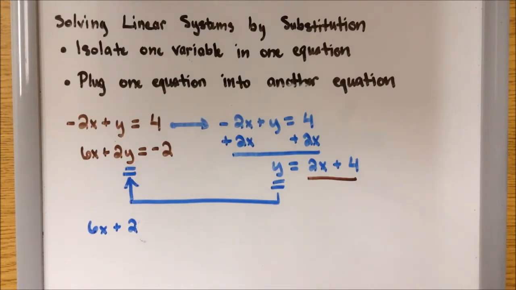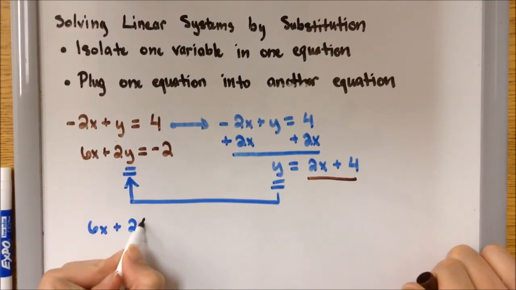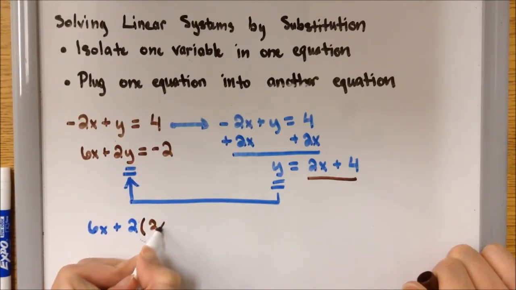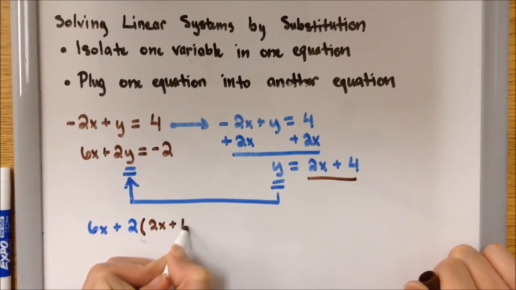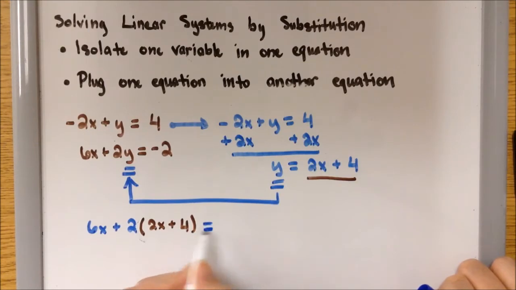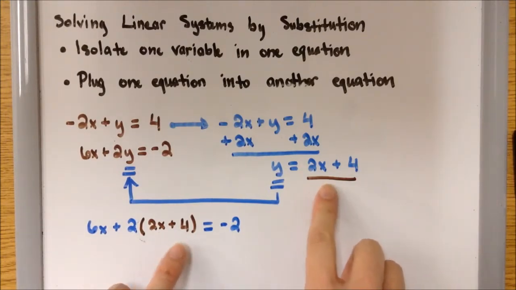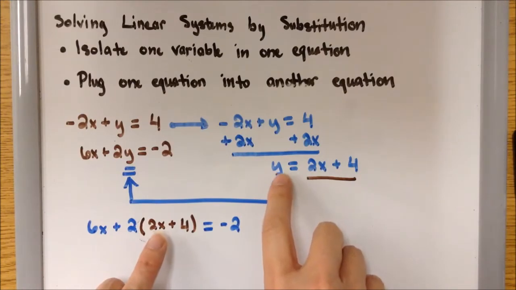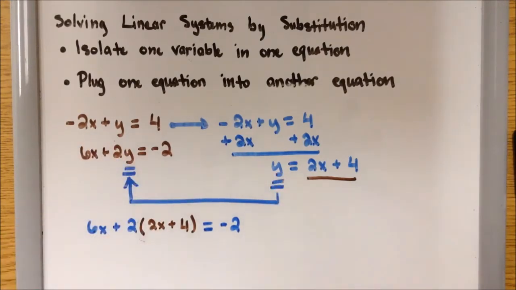Let me write it in a different color. So again, all I did was substitute, plug into y, or switch out y with 2x plus 4, because that's what we got y equal to from equation 1.